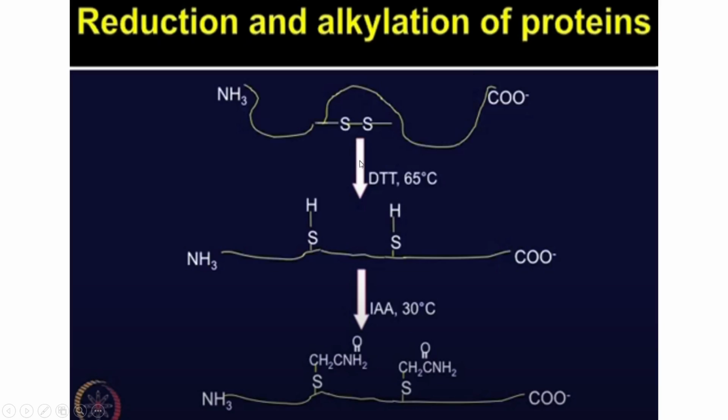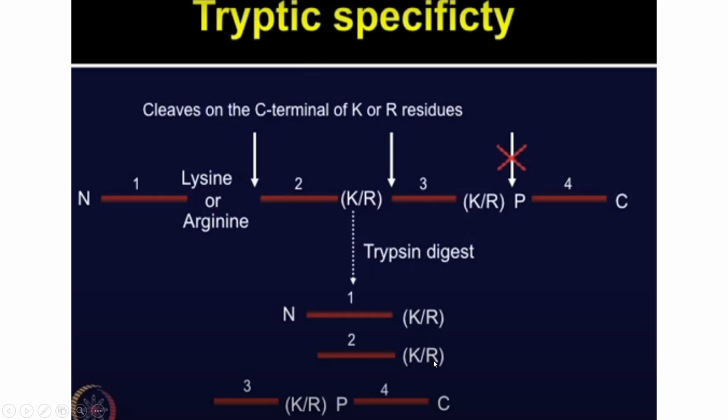Reduction will cleave these disulfide bonds, and alkylation will add an iodoacetamide group so that oxidation doesn't happen and they do not bind to each other again. In the trypsin digestion, as we discussed, if there is a proline, there is no digestion, and if there is no proline, that's how the digestion happens, and you will get these many peptides.